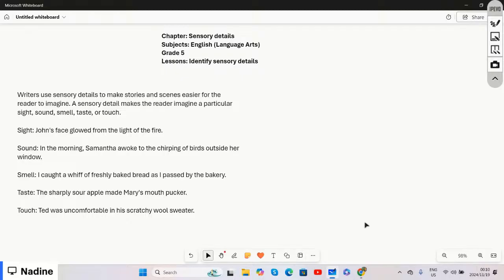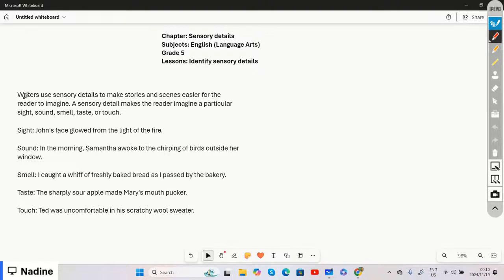And once again, we say that writers use sensory details to make the stories or scenes easier for us as readers to imagine. We need to imagine sounds, we need to imagine what something tastes like. That is why they would make sounds.